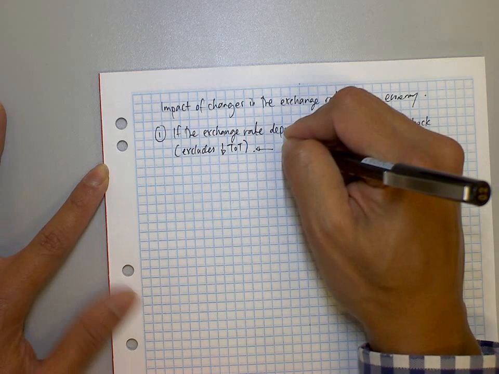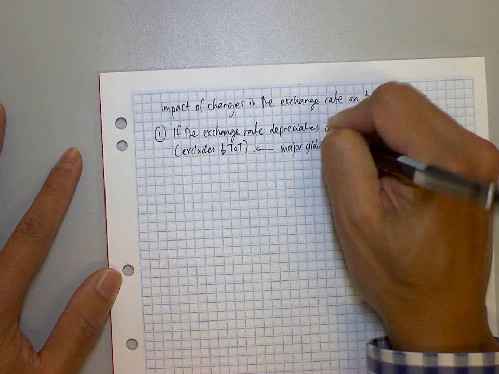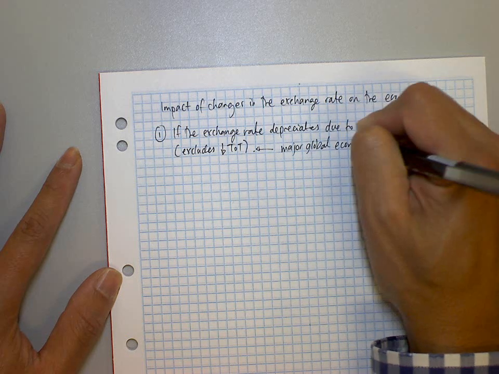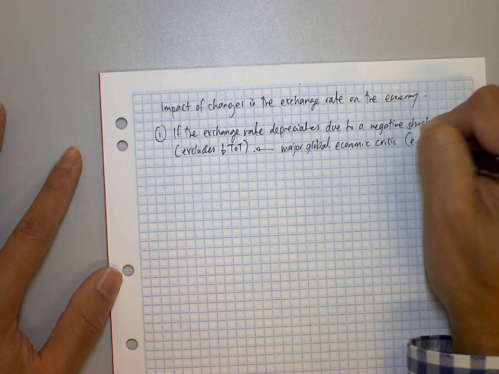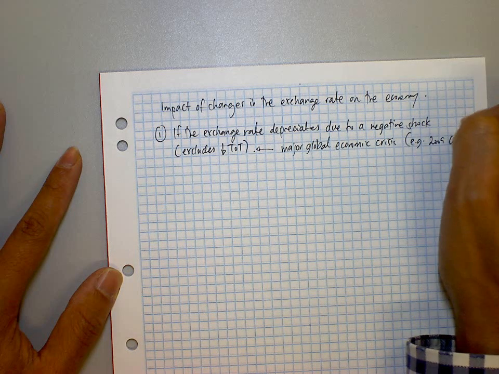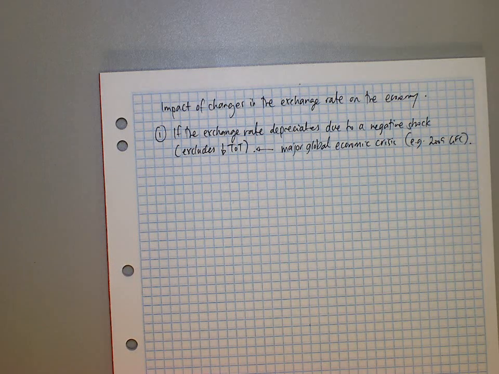If there is a major global economic crisis, so for example with the GFC, when that happened, the Australian dollar depreciated, okay?